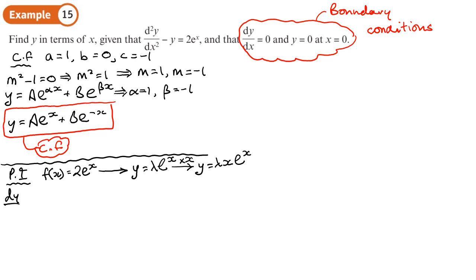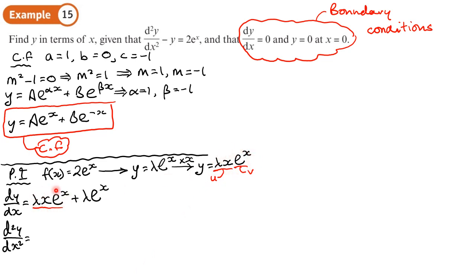So now we'll find dy/dx. We'll use the product rule where this is u and this is v, and we'll have lambda x e to the x, that's our u v dash, plus lambda e to the x, that's our v u dash. We'll differentiate again like this. Now we need to differentiate this, but notice that's basically exactly the same as this.